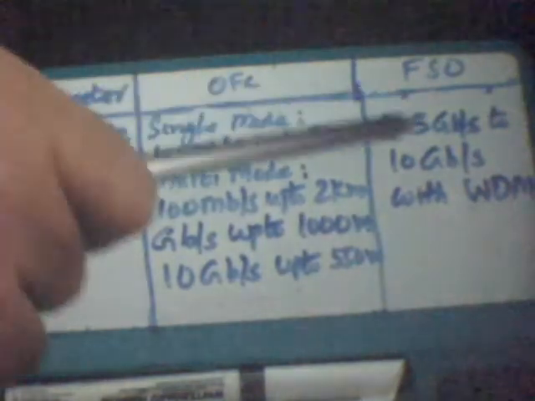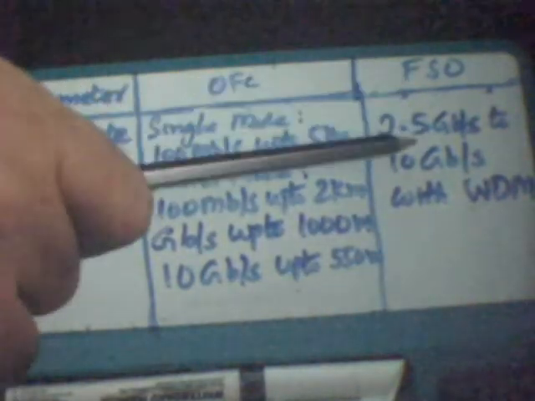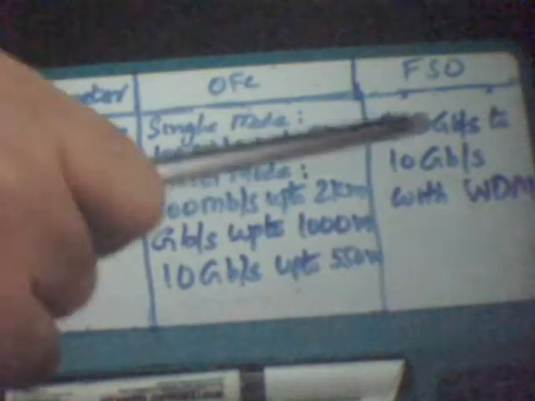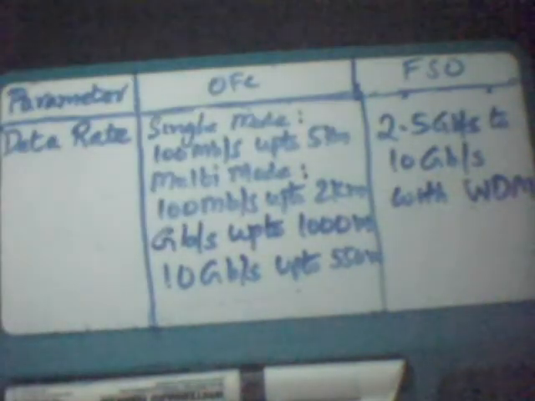Whereas for free space optics the data rates are high. It can be as high as 10 gigabits per second, from 2.5 gigabits per second to 10 gigabits per second with wavelength division multiplexing. The choice of free space optics or optical fiber communication depends on the requirement.